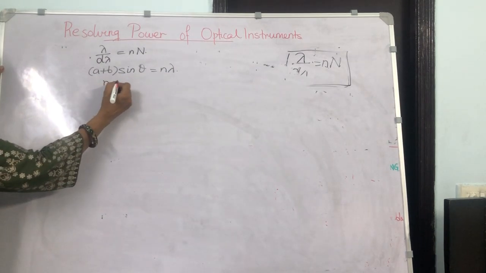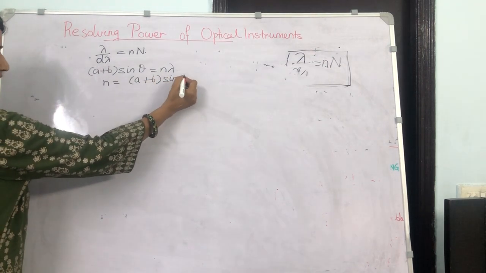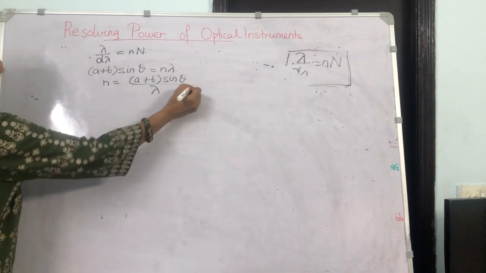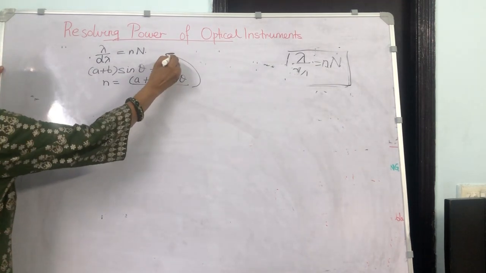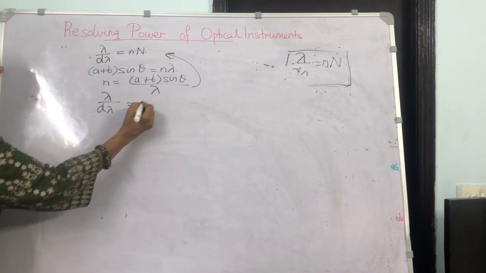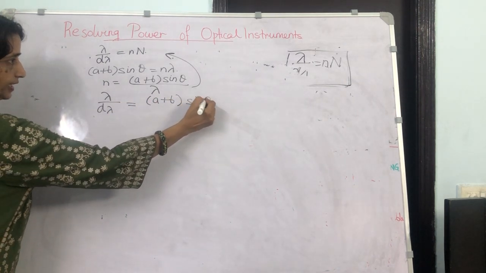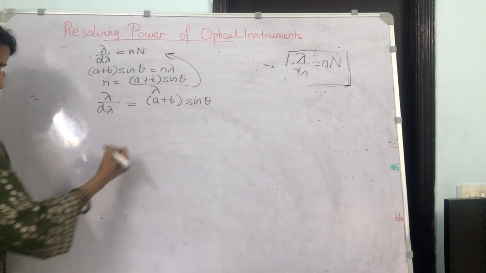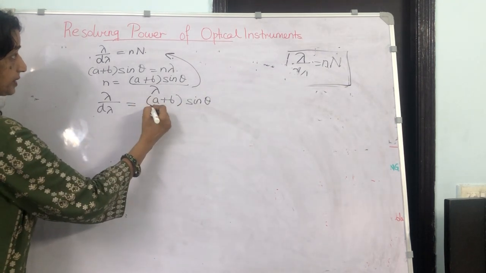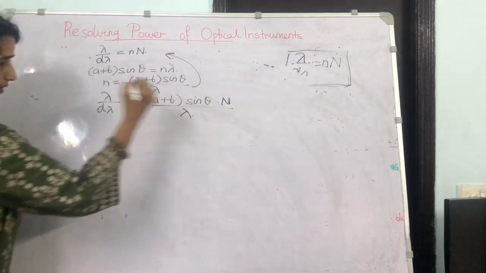So n is (a plus b) sine theta upon lambda. Put this value here. You get lambda upon d lambda is equal to N (a plus b) sine theta upon lambda.